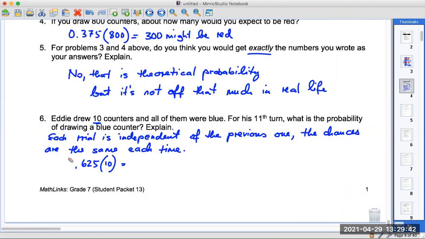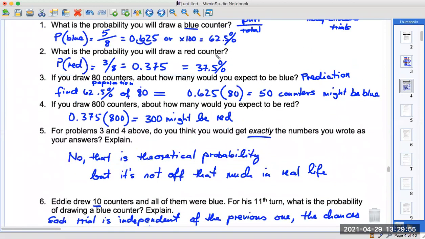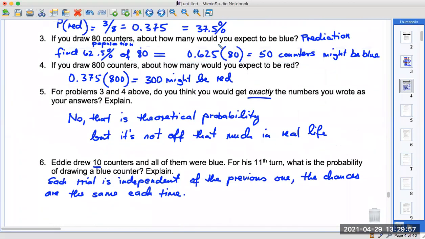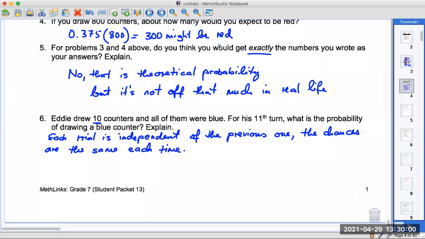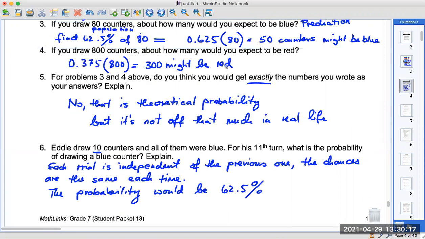Nope, that's not right. For his 11th turn, the probability would be again 62.5% for blue, which is the same as up here.